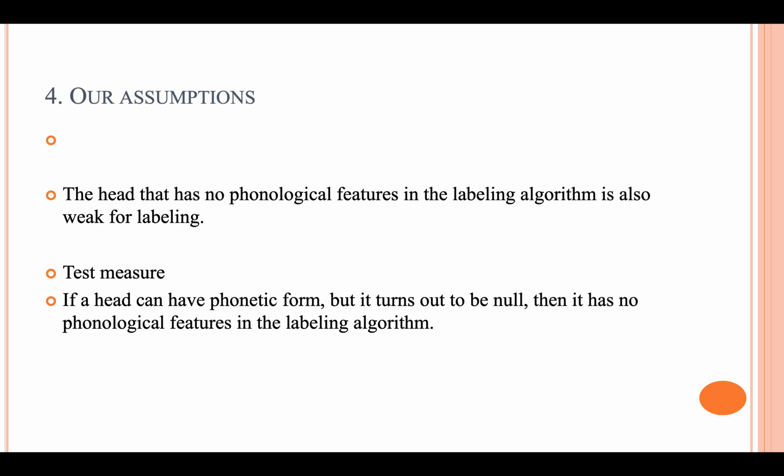But what we can observe is only the surface structure. For example, pro has no phonological features at the surface structure, but it has phonological features in the narrow syntax. So just based on the overt syntax structure, how can we know whether a head has phonological features or not?